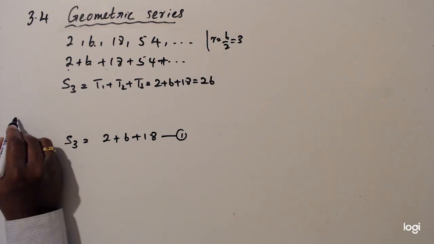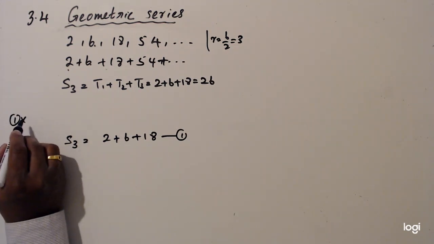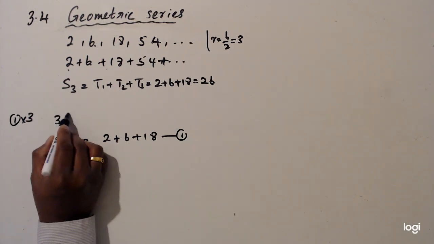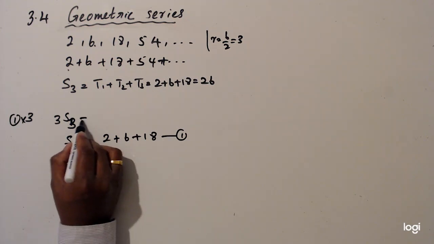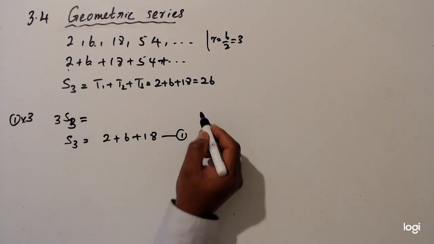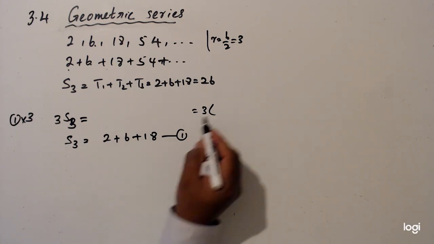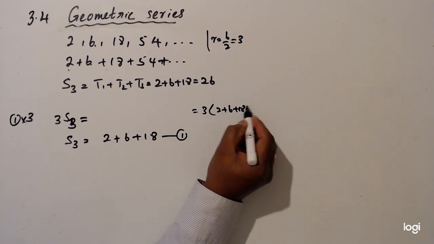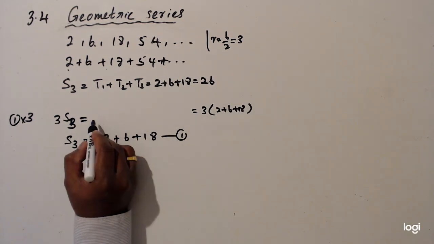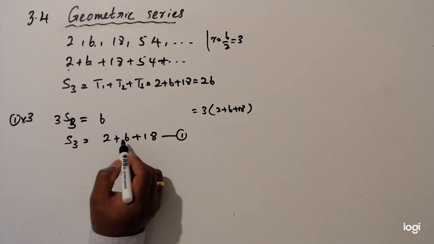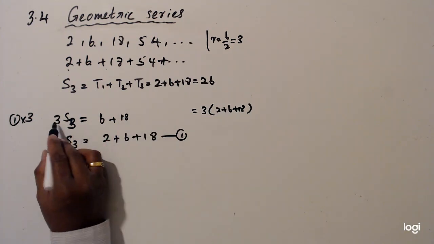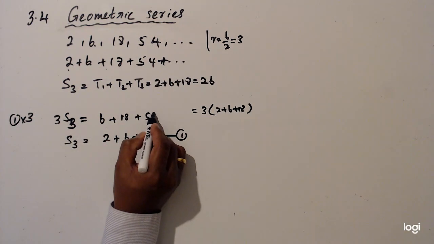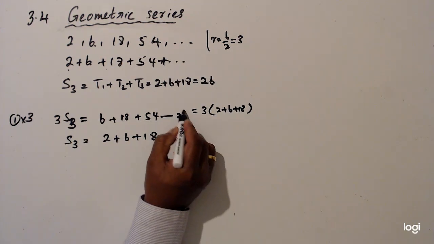So I will write on top 1 multiplied by the common ratio 3. So this is going to be 3S3, and this is 3 times 2 plus 6 plus 18. So 3 times 2 is 6, 3 times 6 is 18, and 3 times 18 is 54. I'll take this one as 2.